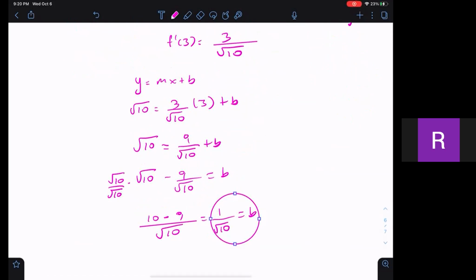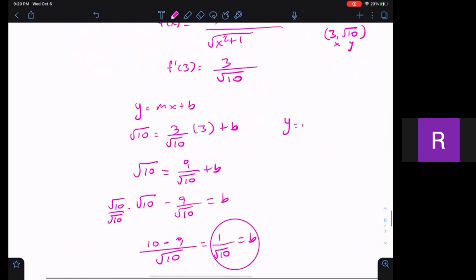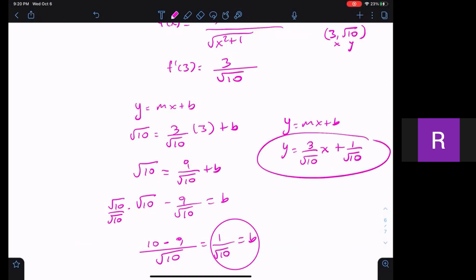And now y equals mx plus b, so the tangent line is y equals 3 over root 10 x plus 1 over root 10. That's it. Okay? That's the tangent line.